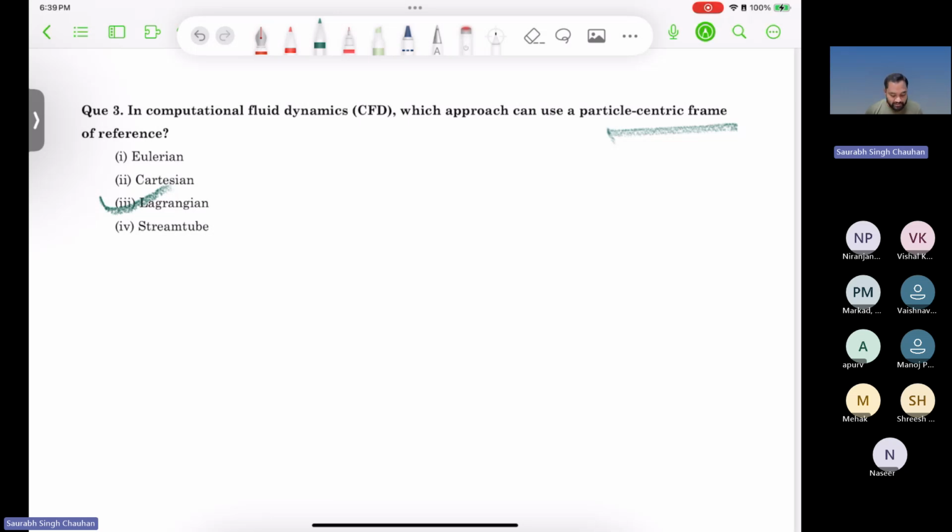So this equation is written for a particle, but you want to focus on a number of particles in a given volume. Then the simple looking equation takes the form of the Navier-Stokes equation. Okay.